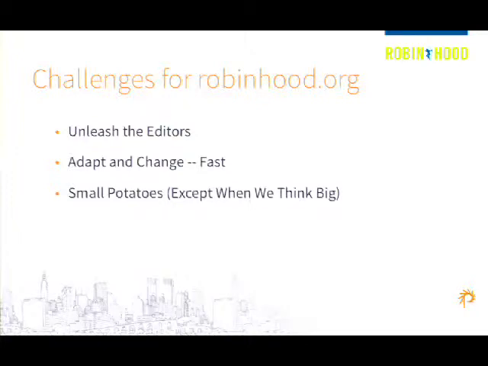So Robinhood started off with a 10-year-old legacy CMS that was based on a .NET back end, and when they wanted to redo their site, they had a couple of challenges that were very high in the mind of the organization.